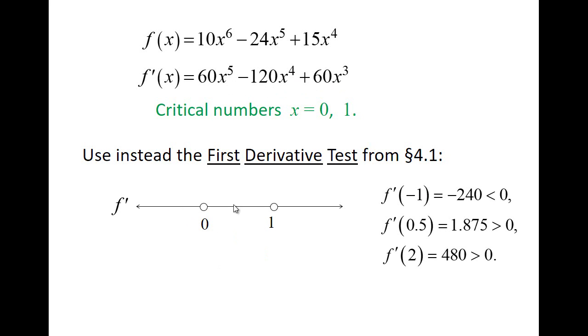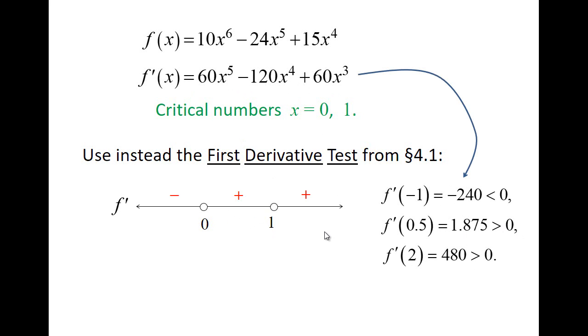In between 0 and 1, we can pick half, and find f prime of half. We have to plug in half in place of x here. If we do that, we get 1.875, which is positive. So in between 0 and 1, f prime is positive, and f prime of 2 is positive as well.